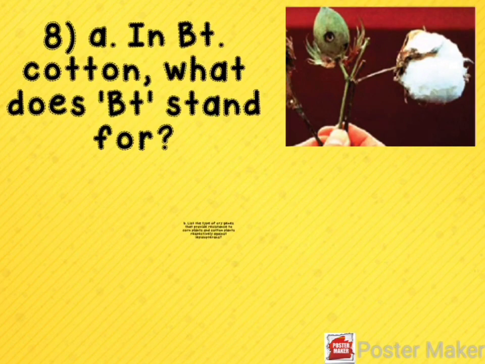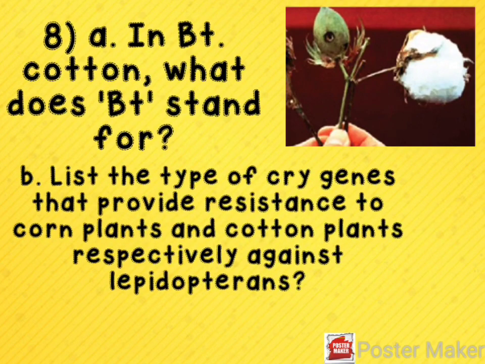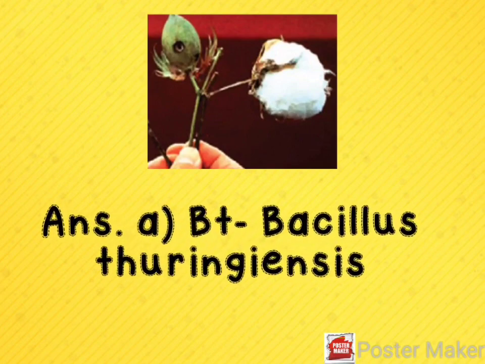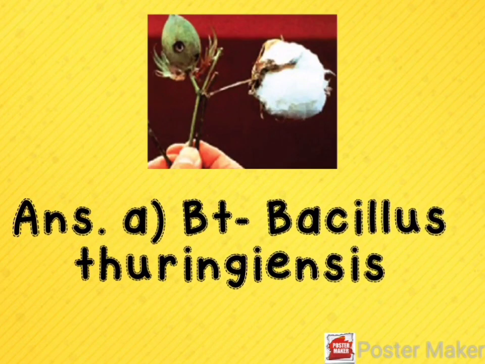This is the diagram of Bt cotton. You have to tell what Bt stands for. And you have to list the type of cry genes that provide resistance to corn and cotton plants against insects or lepidopterans. So the first part of the question, the answer is Bt stands for Bacillus thuringiensis. You must learn this spelling correctly.